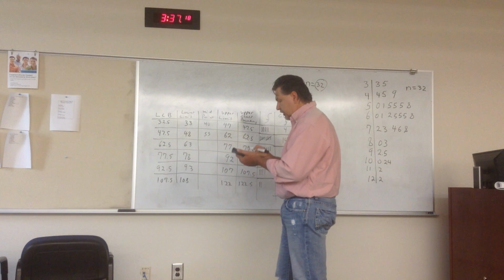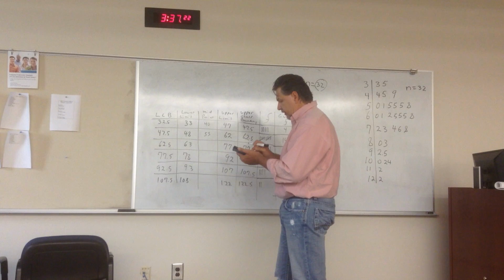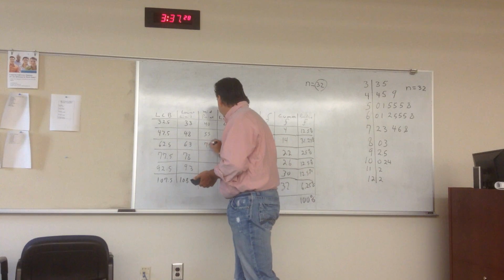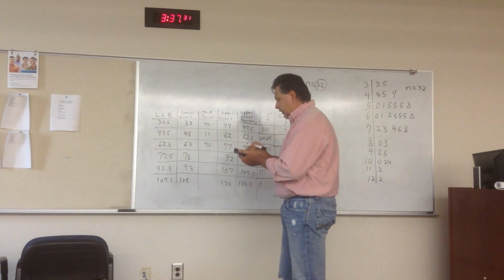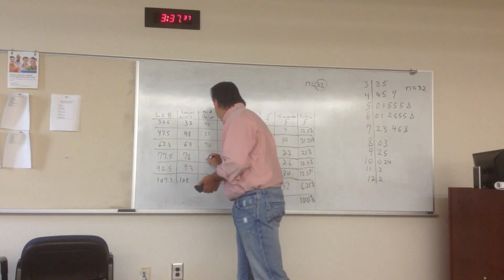So now I'm going to look at 63 plus 77. 140 divided by 2 is 70. 78 plus 92 is 170 divided by 2 is 85.